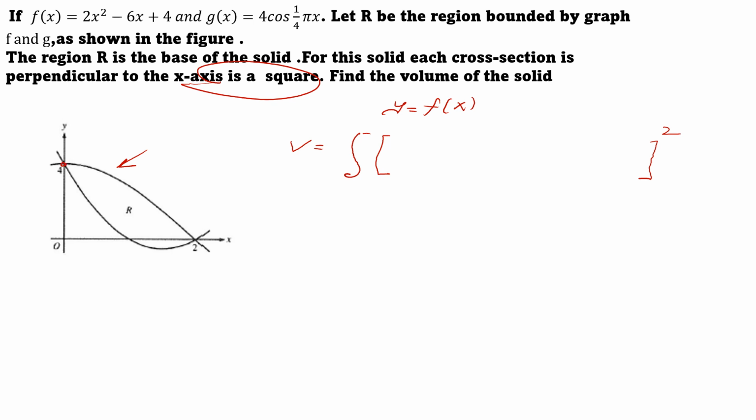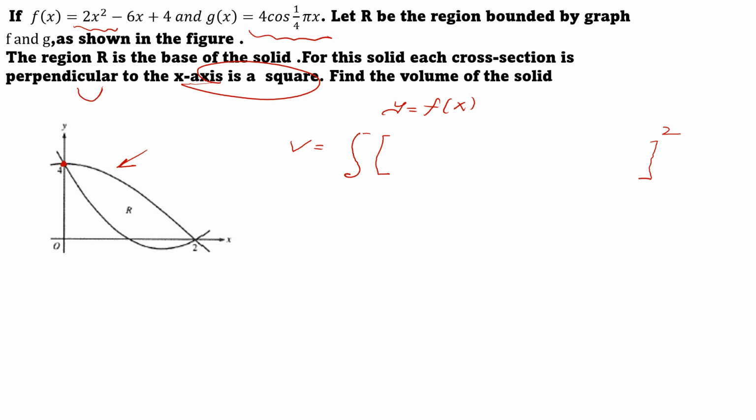This is starting from 4, and we know that 4 cos x, as a parent function, even if 1 over 4 pi is not written, has to start from 4. And 2x square shows that it is a quadratic equation, a parabola that opens upward.